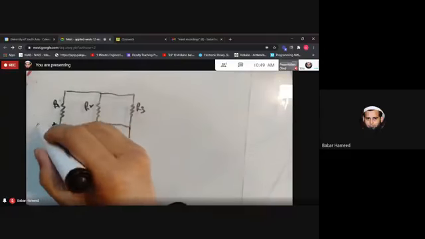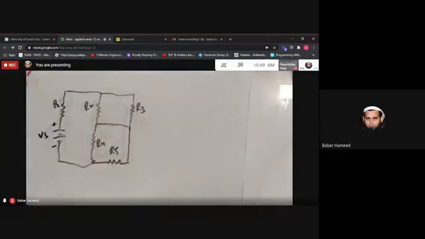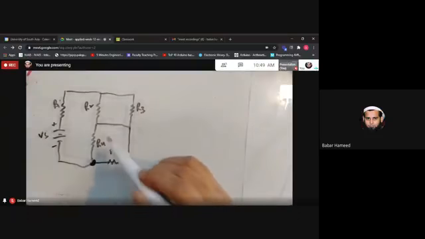Plus minus Vs. Here we can see the end-to-end connection of R4 and R5.